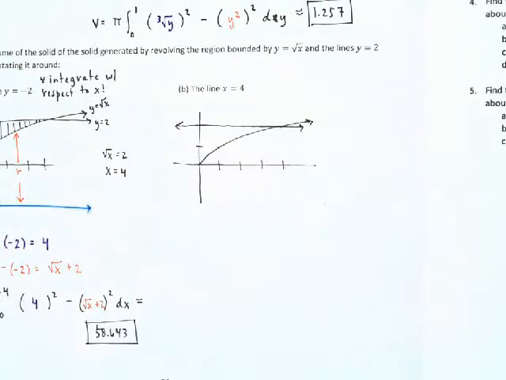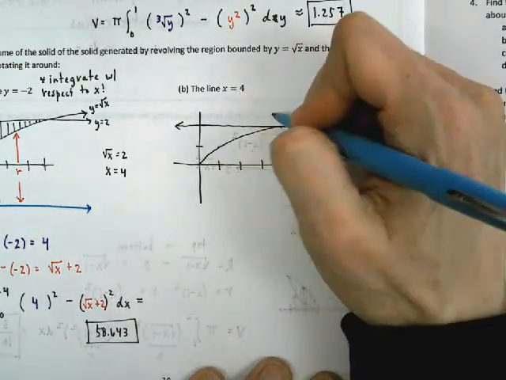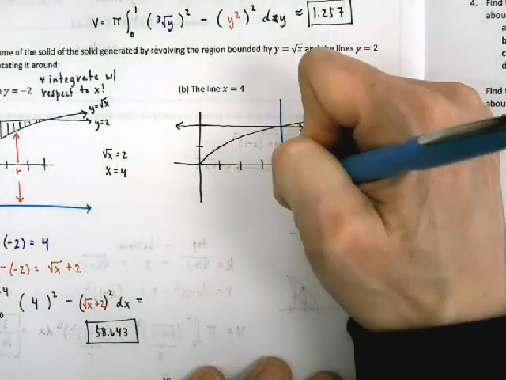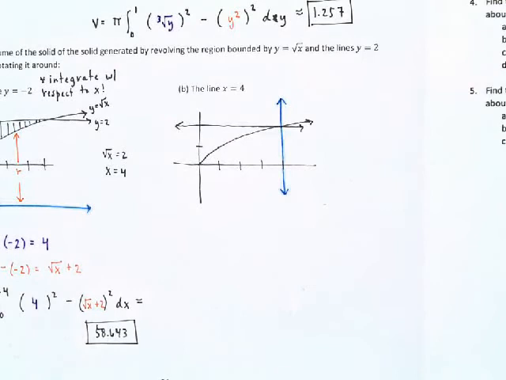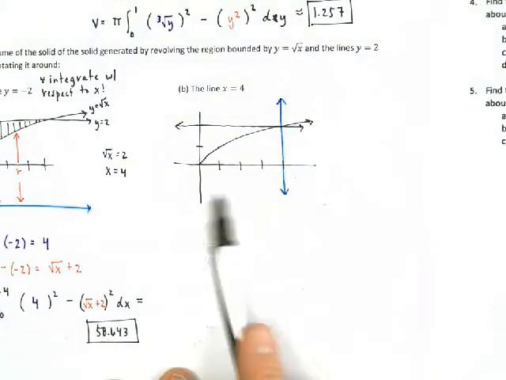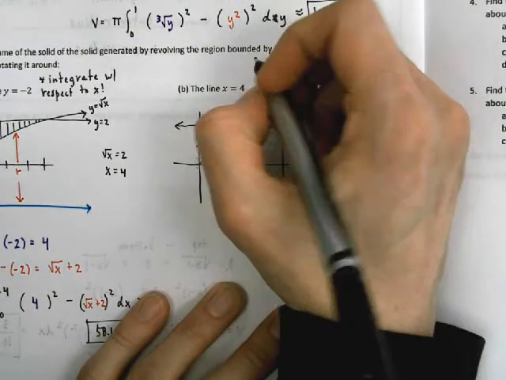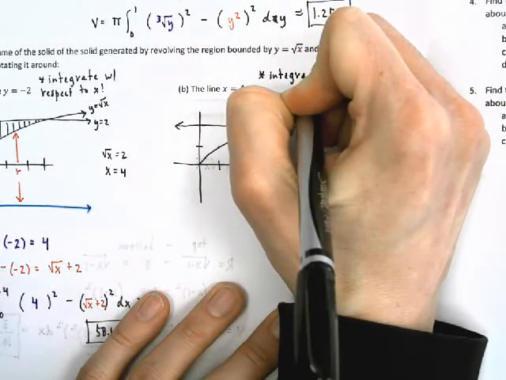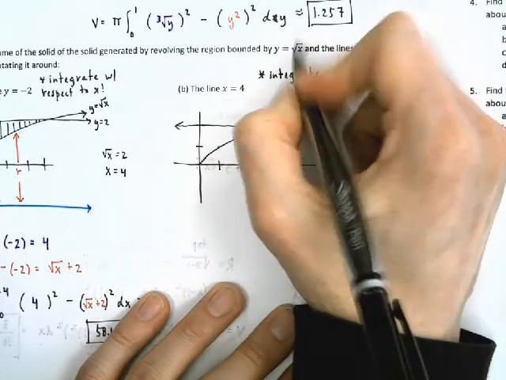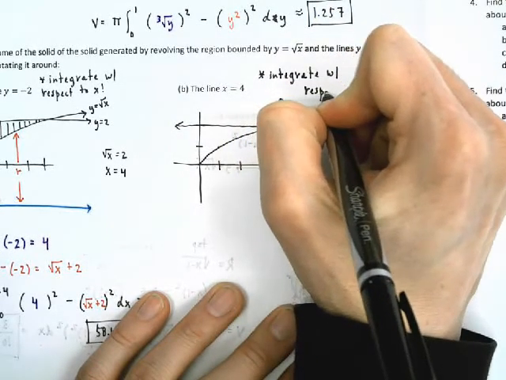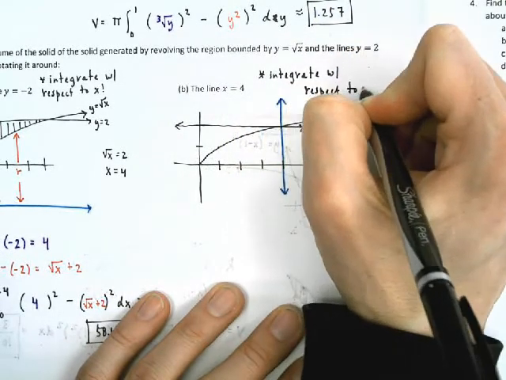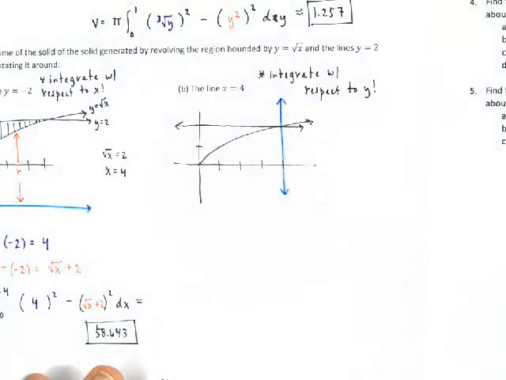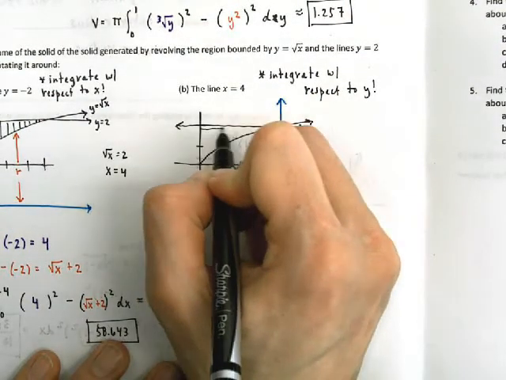But now I'm revolving about the line x equals 4. So now, since I'm revolving about a line that's parallel to the y-axis, I'm going to integrate with respect to y. So it's going to look like this.